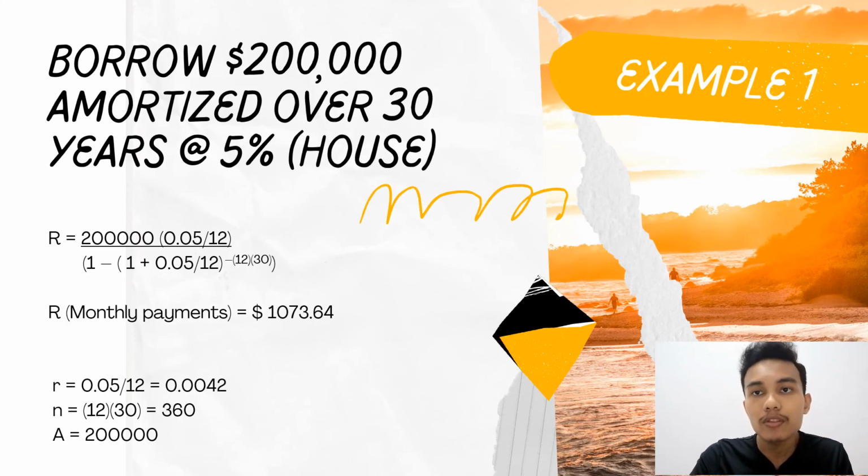An example for this formula is, suppose that a person borrowed $200,000 amortized over 30 years at 5% annual rate.